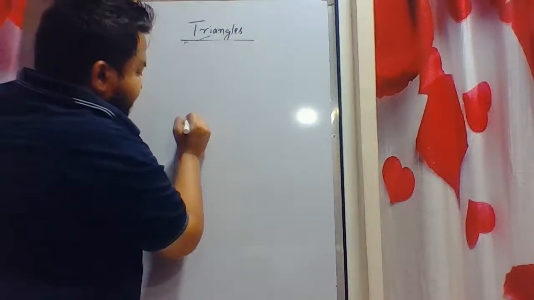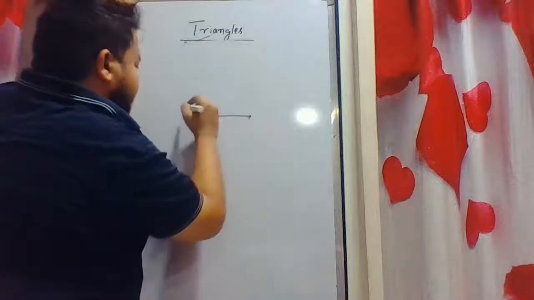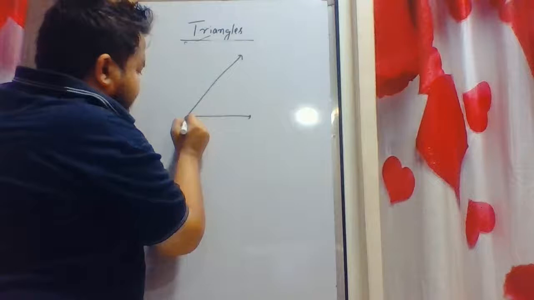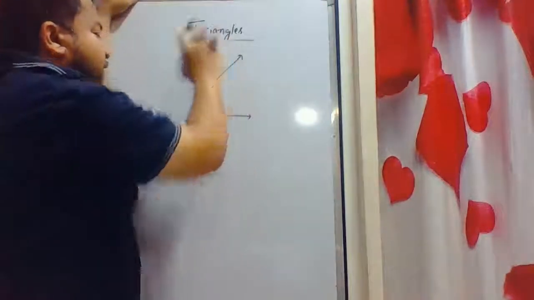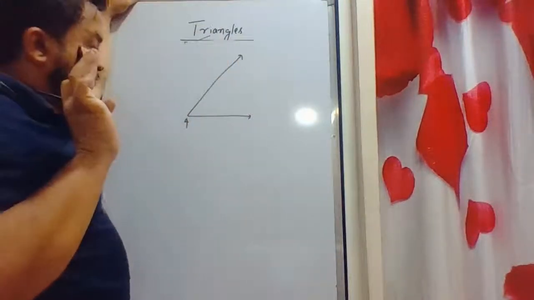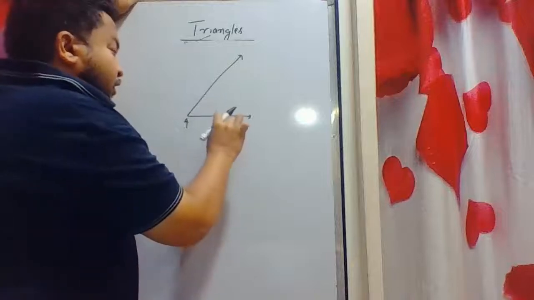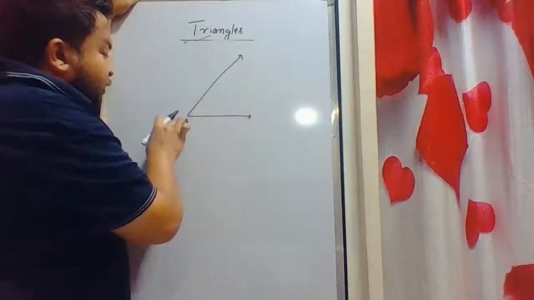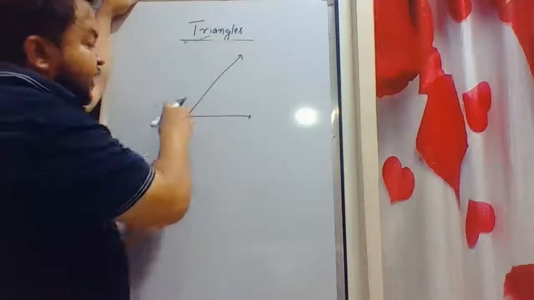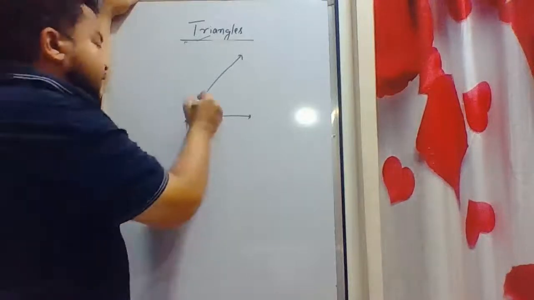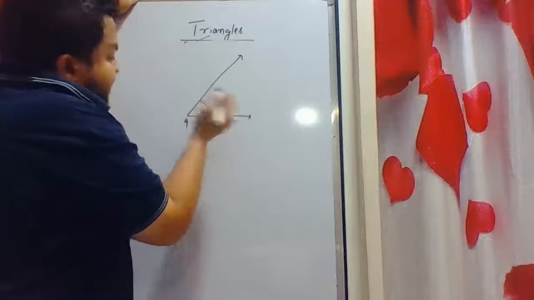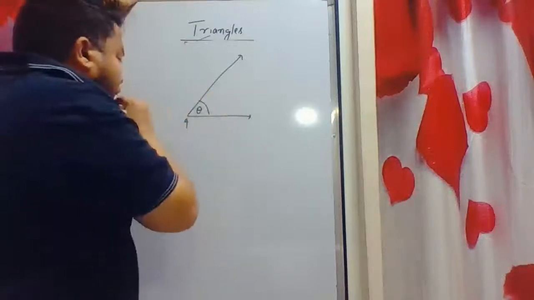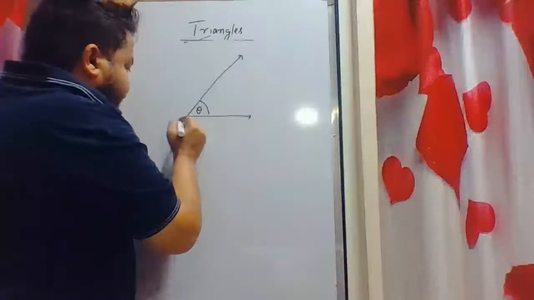Say, let me create an angle, say angle A. I don't know the other two vertices, so I have not yet named them. Now this is how we normally create an angle, right? When two rays are co-initial, they form an angle at the co-initial point, and this angle is say theta.